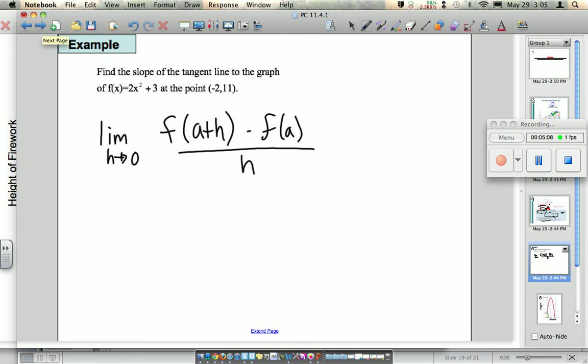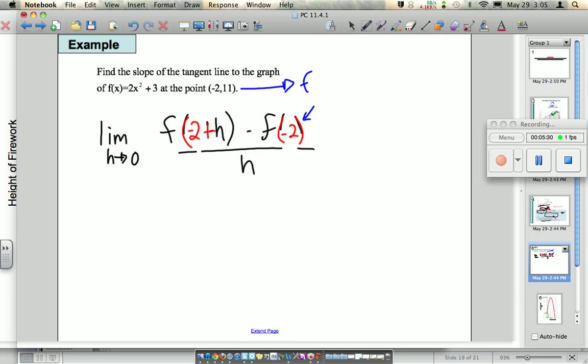Now in our case, a is negative 2, because that's our input number. So we're going to do negative 2 plus h for the first function, and we're going to plug in negative 2 to the function for this thing we'll subtract. Thankfully, we already know half of the answer here, this top part at least.